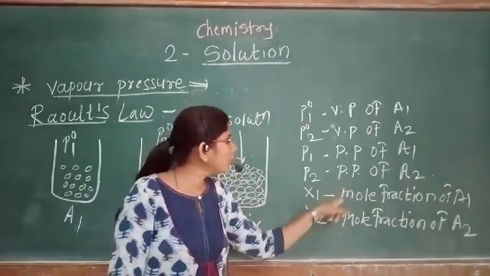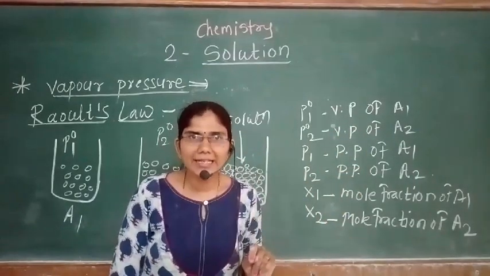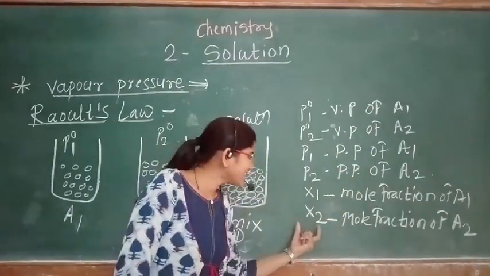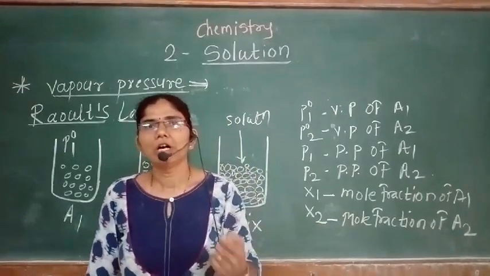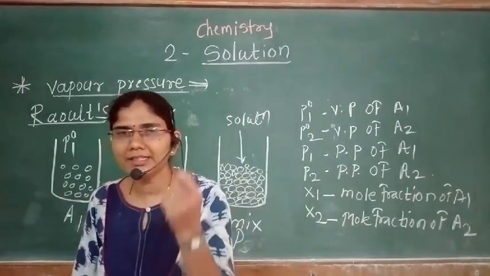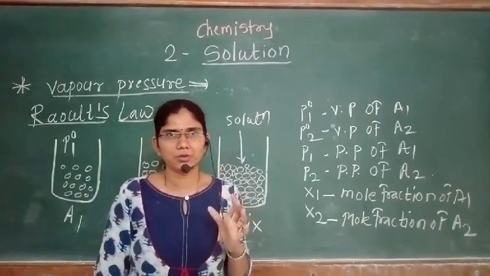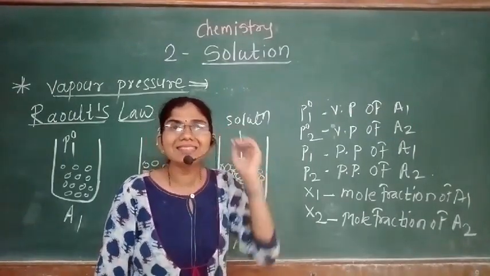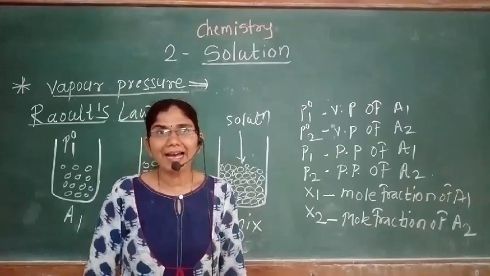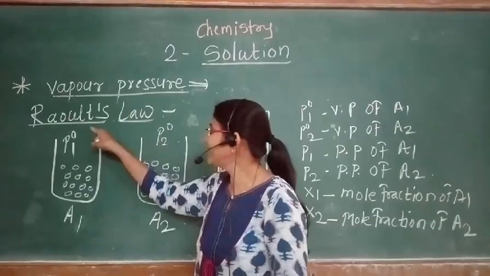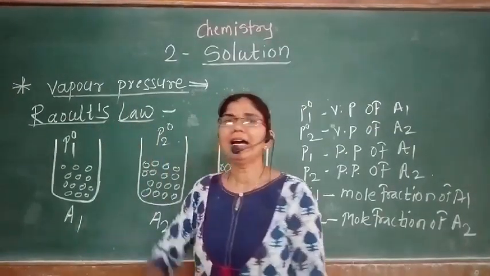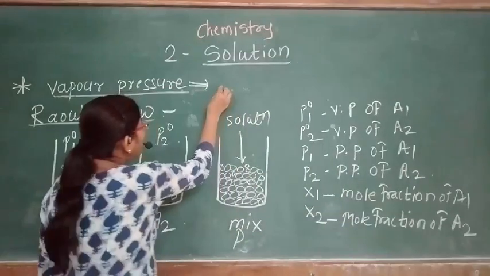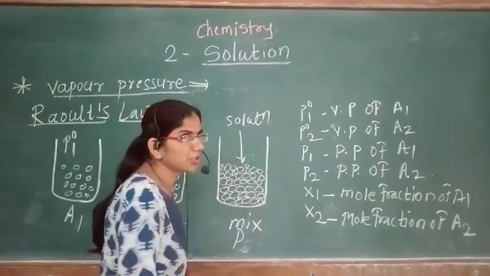Let X1 be the mole fraction of the volatile component A1, and X2 be the mole fraction of the volatile component A2. So from these, here we state Raoult's law as the partial pressure.